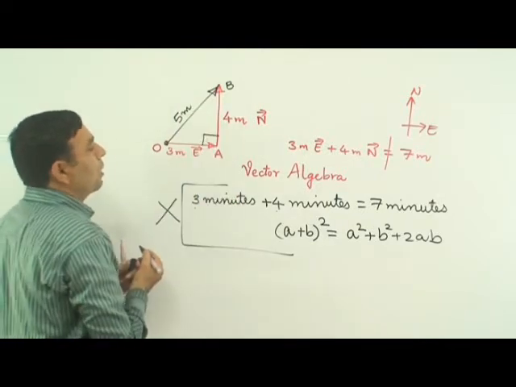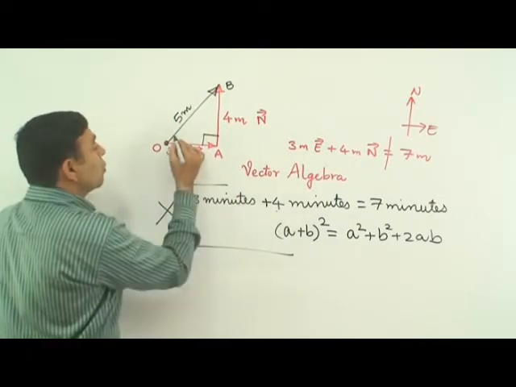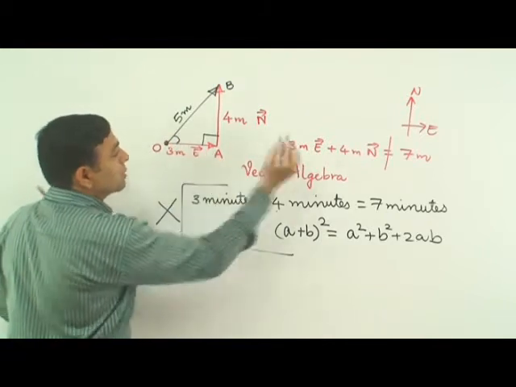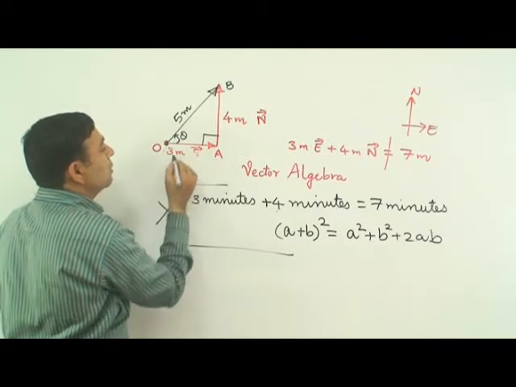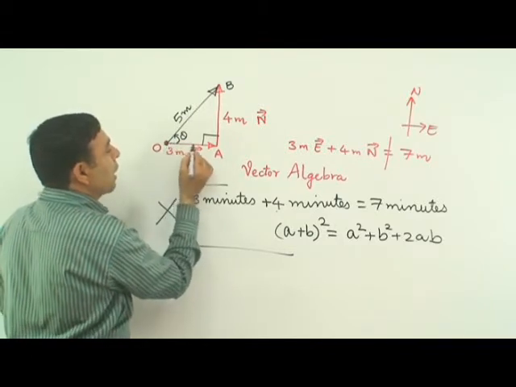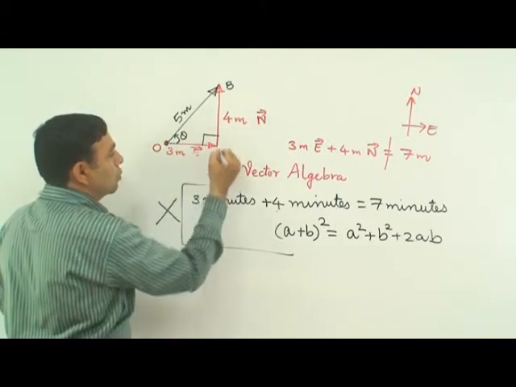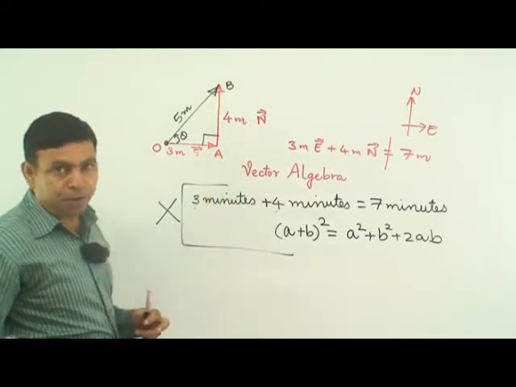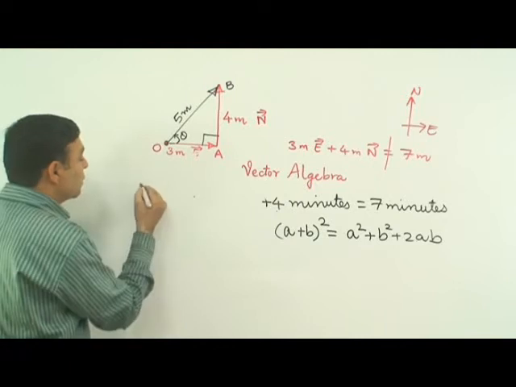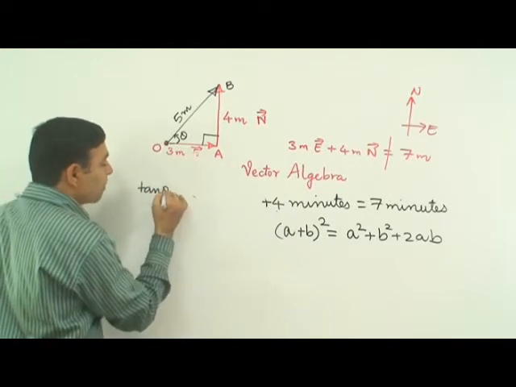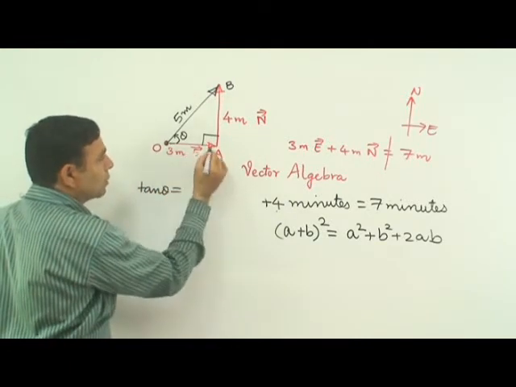And how to get that direction? This is eastwards according to that reference. So this 5 meters is making an angle theta. In simple trigonometry, you might have learned that tan theta is going to be opposite by adjacent, here 4 by 3.